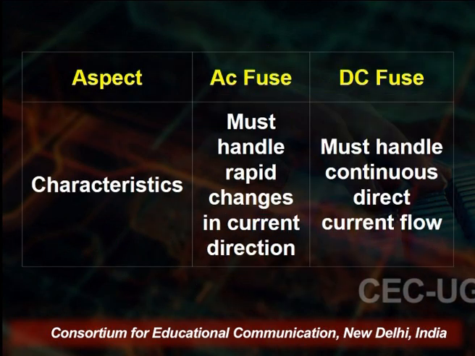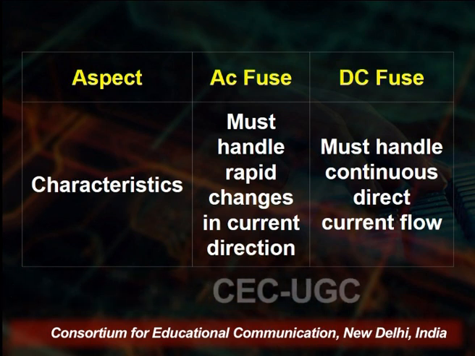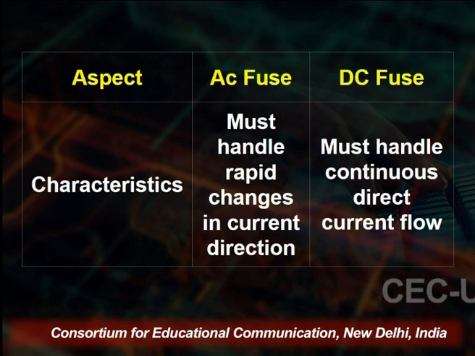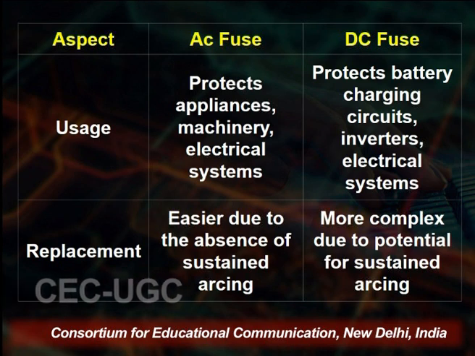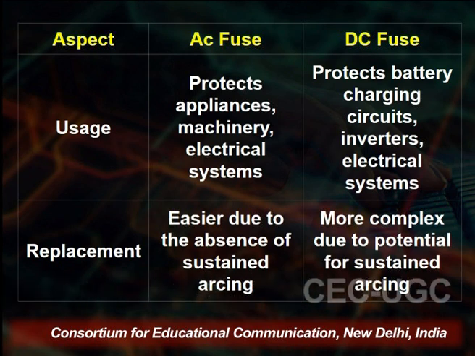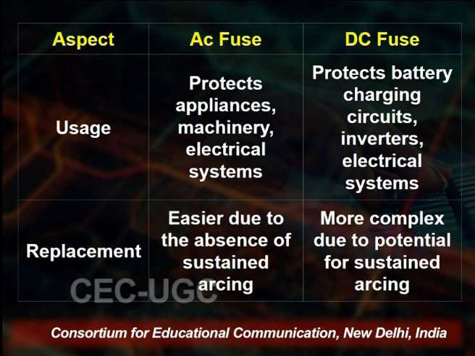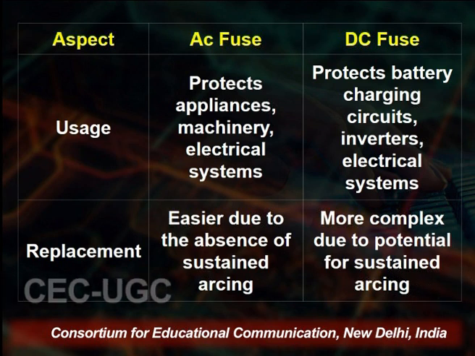As for characteristics, AC fuses must handle rapid changes in current direction, but DC fuses must handle continuous direct current flow. Usages: AC fuses protect appliances, machinery and electrical systems, while DC fuses protect batteries, charging circuits, inverters and electrical systems.